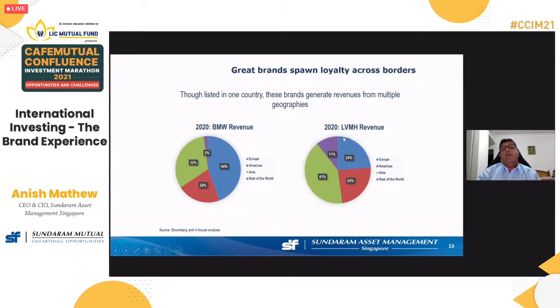Similarly, LVMH, a leading global luxury brand, a French company about 200 years old now, gets only 24% of its revenues from Europe. The balance, an overwhelming 76%, comes from the rest of the world. That is the real strength of a strong brand. Their loyalties are not limited to their country of origin. They are able to generate revenues from multiple geographies.